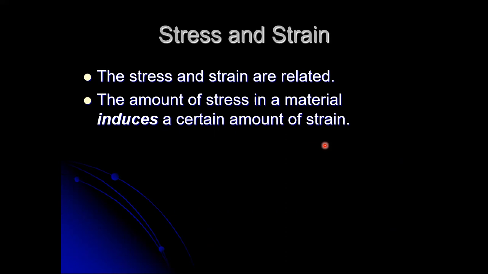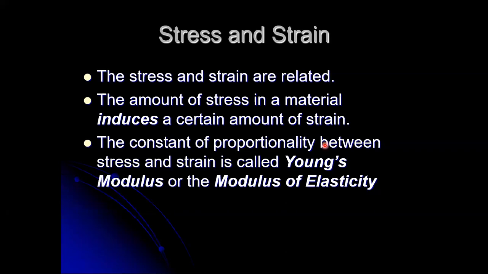And since stress and strain only depend on material, the relationship between stress and strain only depends on the material. There is a constant of proportionality in Hooke's law for the external picture from force and length. We just call it a spring constant. We call it K. For stress and strain, the relationship between stress and strain is what we call Young's modulus, or the modulus of elasticity.